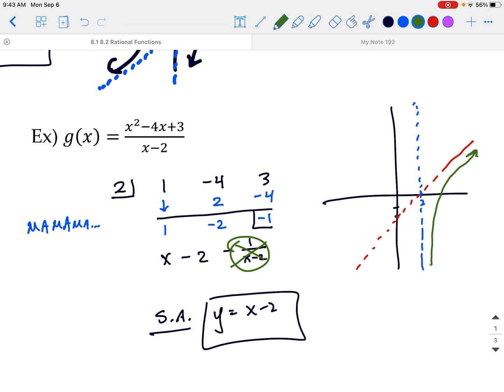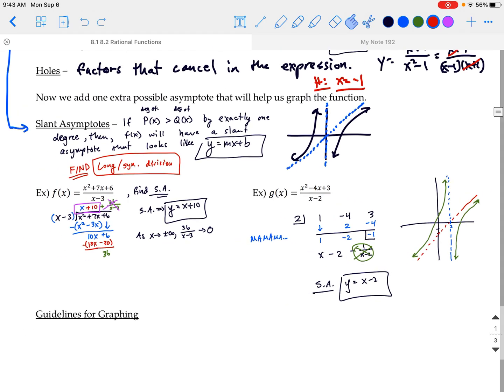In the end, we'll end up with a graph that follows the slant asymptote to the right and the vertical asymptote to the left for that rightward branch. And then there's going to be a leftward branch that follows that vertical asymptote and then along our slanted asymptote. Note we could get graphs in the future where we're in these two regions, so it's not always going to look the same.